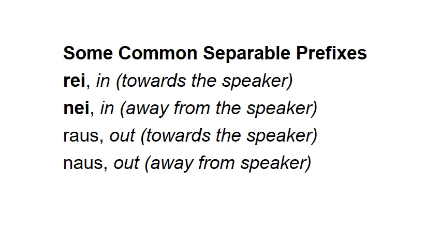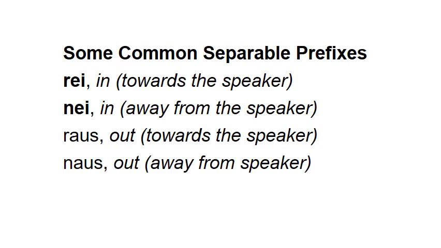Let's look at some very common separable prefixes, and these are often used with verbs of motion. So we can see our first two here, rai and nai. Remember that EI makes the I sound. Rai and nai, they both mean in. The root here, EI, I, means in, but the letter before that, the R or the N, says a little bit extra.